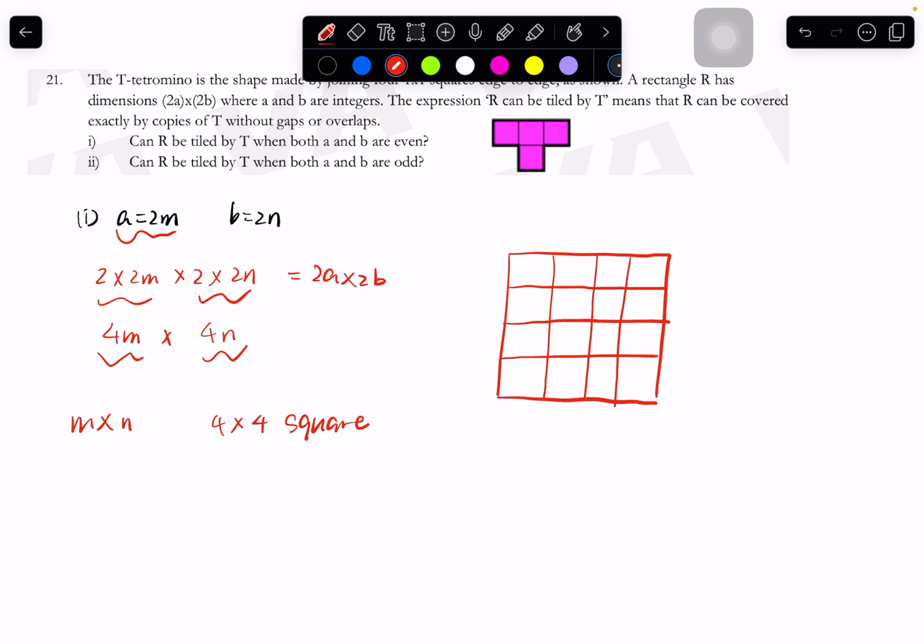Can we fill this 4 times 4 square up with T tetraminoes? The answer is obvious. Firstly, we put our first tetramino like this, then the second, then the third, and the fourth. So now we have the proof.